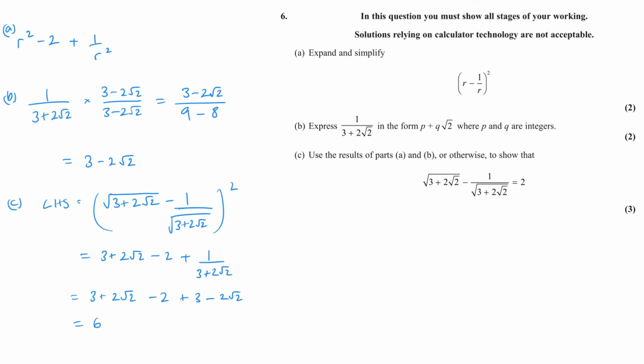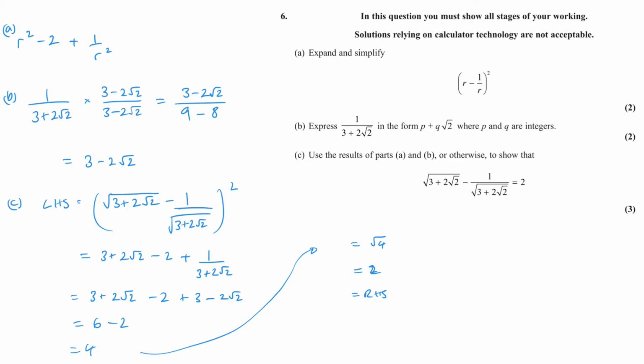Which gives me 6 minus 2, which is 4, and then square rooting gives me the 2, and that equals that. So it's this bit here squaring it.